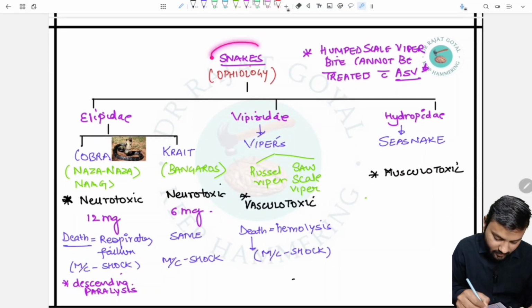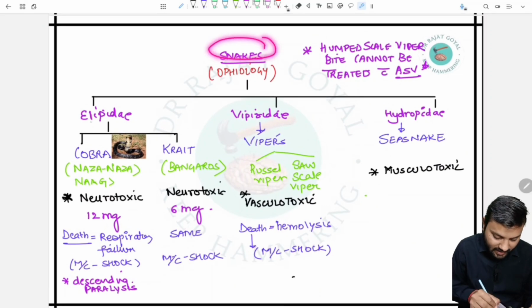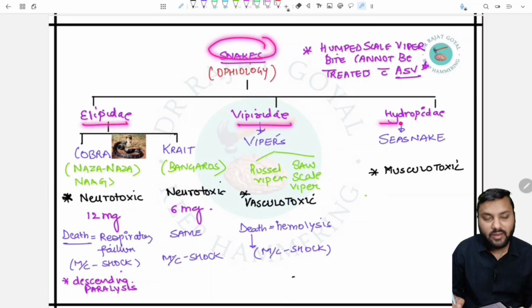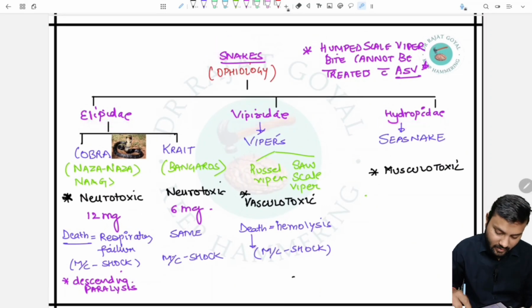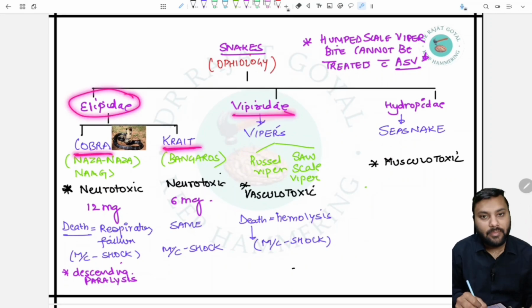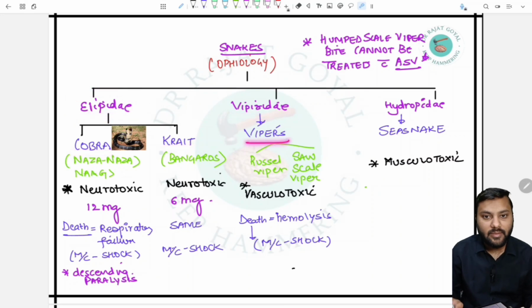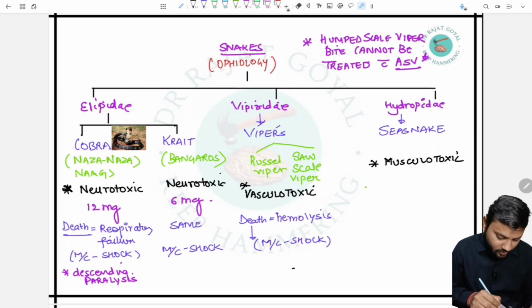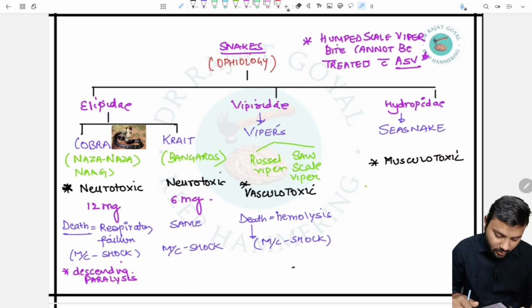Snakes can be divided into Elapid, Viperid, and Hydrophid, which are important for our exams. In the Elapids, cobra and krait are there. In the Viperids, vipers are there, and in the Hydrophids, sea snakes are there. Firstly, we will talk about the cobra.